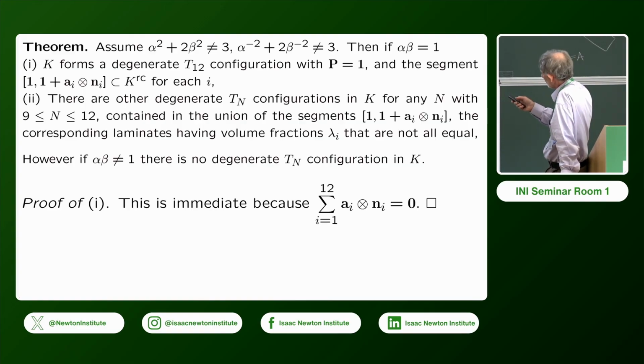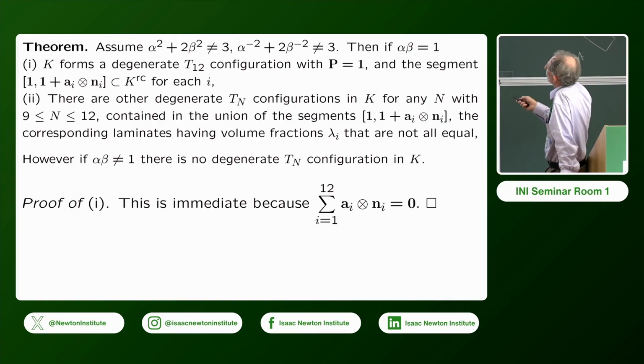And actually, it turns out that there are other degenerate Tn configurations, at least for any n between 9 and 12, and they're contained in the union, it should say with KRC, with the union of these line segments in KRC, and the corresponding laminates have volume fractions lambda I that are not all equal.